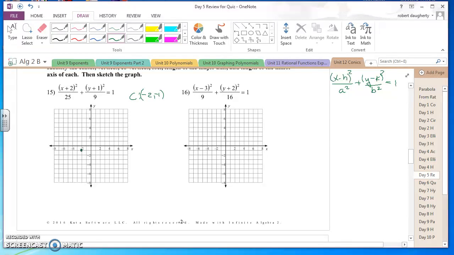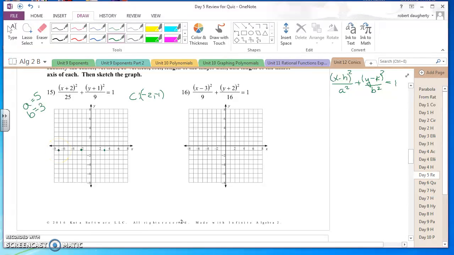In this case, remember a is going to be equal to 5, b is going to be equal to 3. This is a horizontal ellipse. So it means that the distance from the center to the vertices is going to be 5. So 1, 2, 3, 4, 5. That puts me right here for one of my vertices. 1, 2, 3, 4, 5.